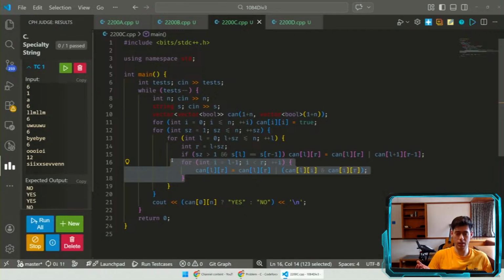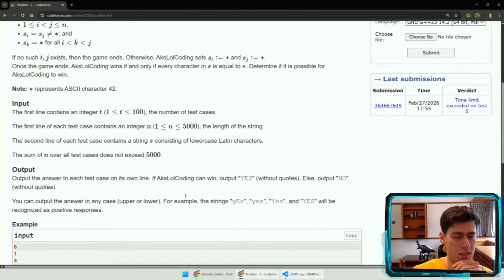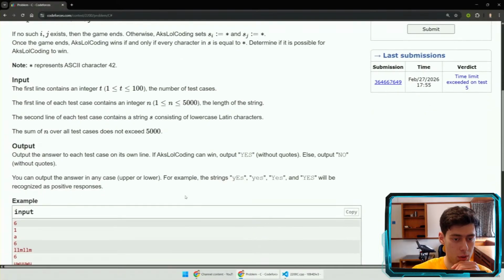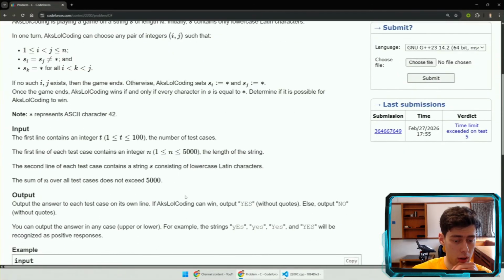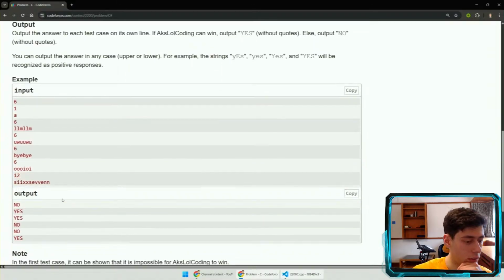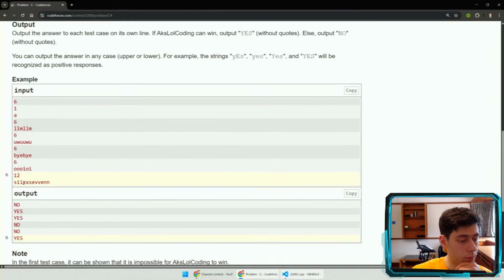This is TLE, man. I just bashed out a DP that was too slow. Why did I do that? So for a specific range, I just need to check all the possible split points and see if that works.